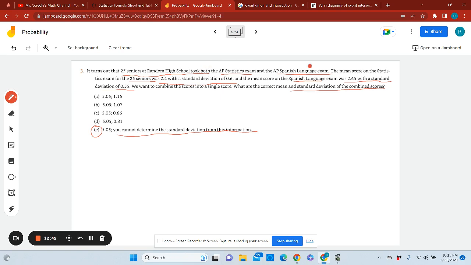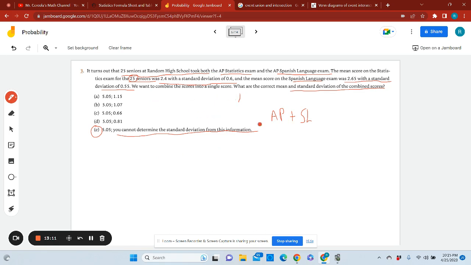And because these two exams are happening for the same 25 seniors, and that's the data that we're adding together, right? We're doing your score on the AP exam plus your score on the Spanish language exam. We're not going to be able to figure out what the combined standard deviation is, because you can only use that when you know that you have independence.